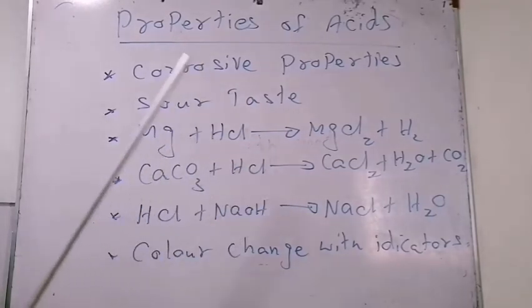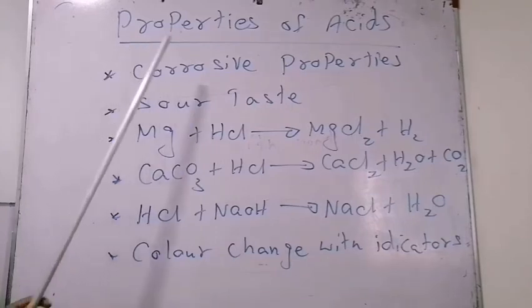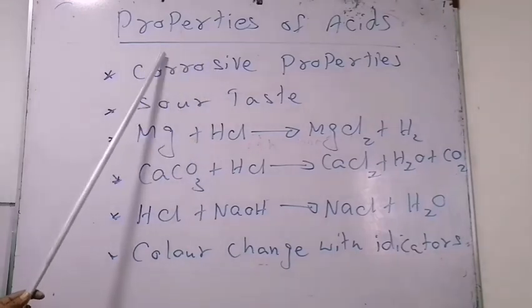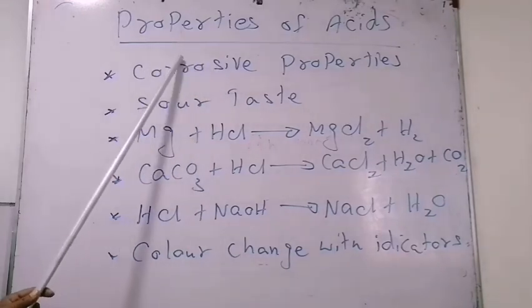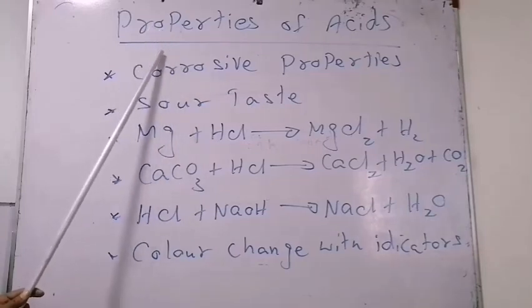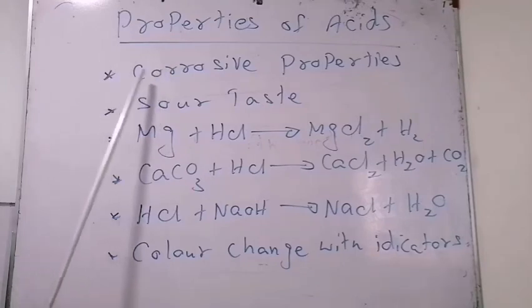You know, as I explained to you earlier, acids have corrosive properties. That means if acids fall onto our skin or any other surface, there may be damages or irritations or a burning sensation. That is why we say that acids have corrosive properties.